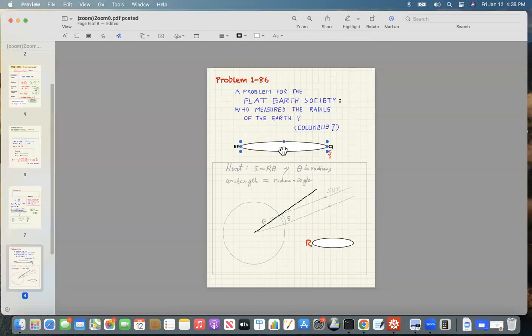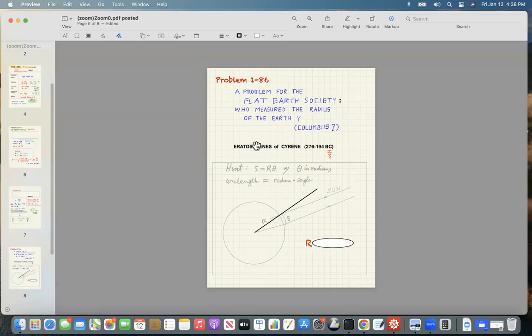Well, it was another Greek philosopher. I guess it was Eratosthenes of Cyrene. He was Greek, he lived in Egypt, but in his time, Egypt was part of the Greek Empire. You know, after the Greek Empire conquered Egypt, Egypt was then part of the Greek Empire.